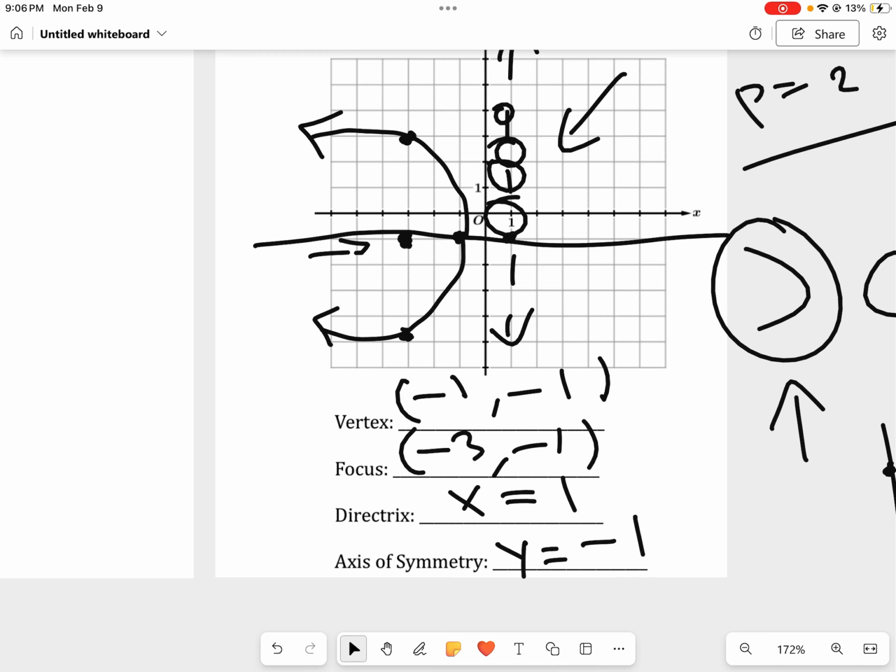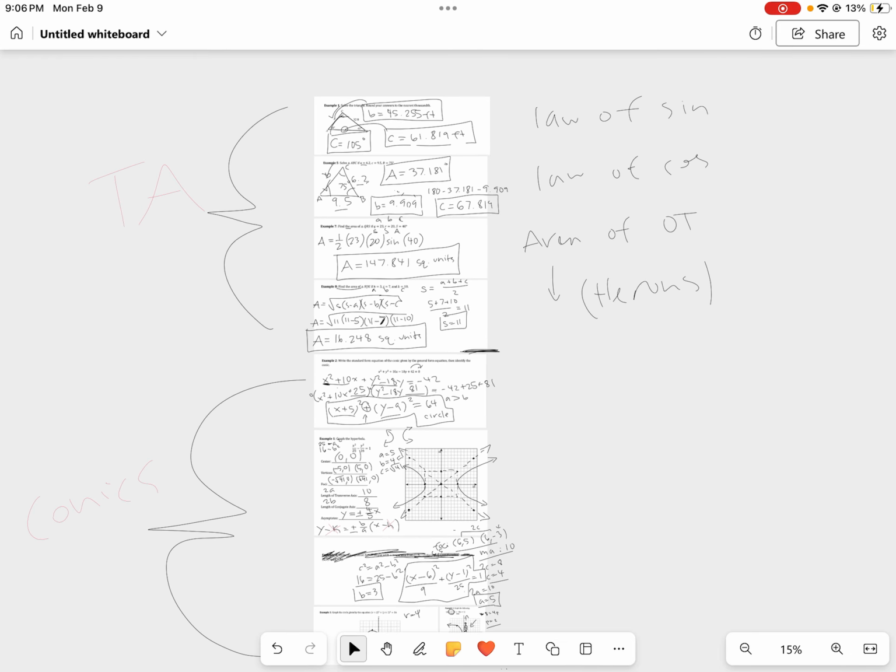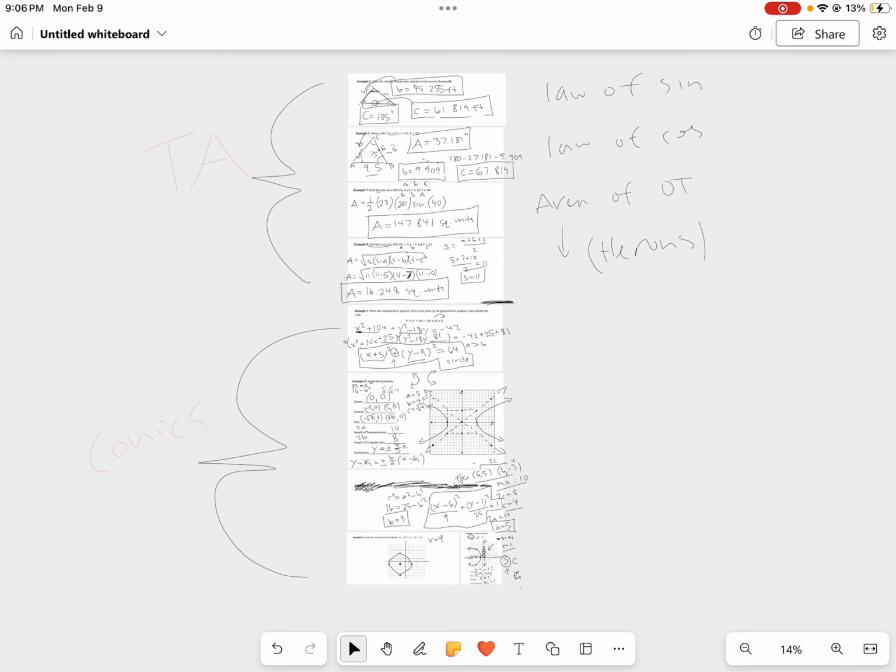Okay, so I think that's everything for this study guide, or whatever you call test review. So this right here, that is general form. You can't read that. Okay, that's general form. Graphing a hyperbola.